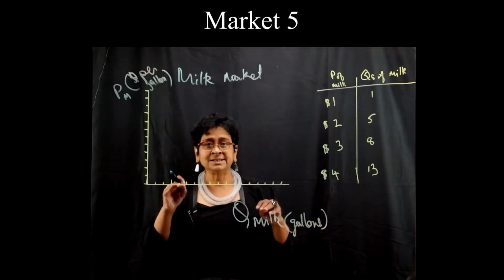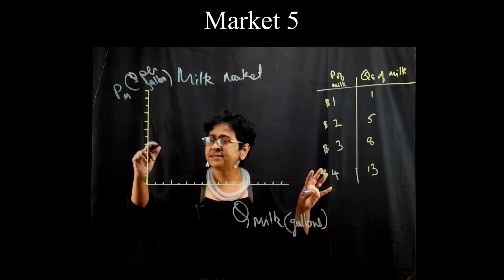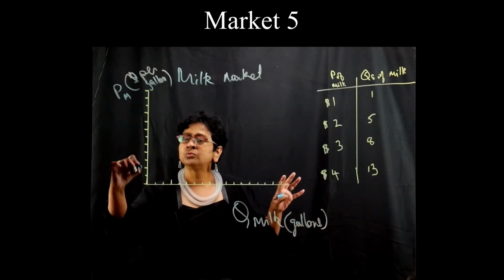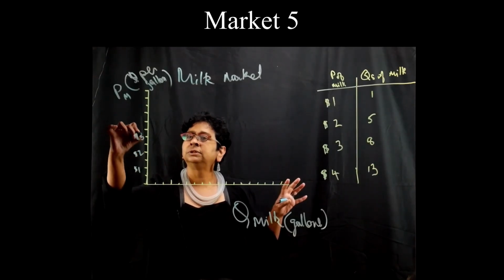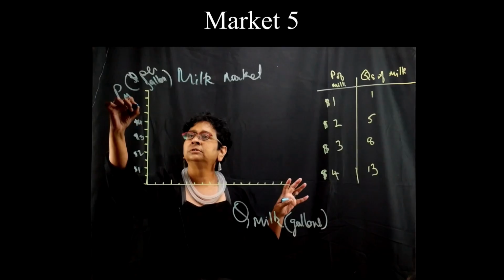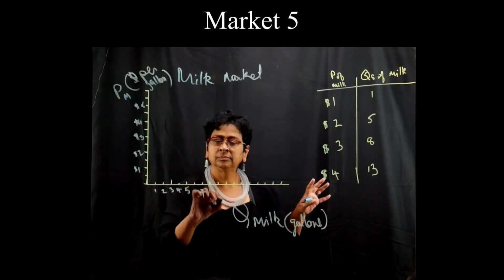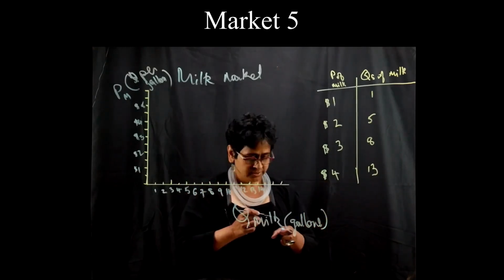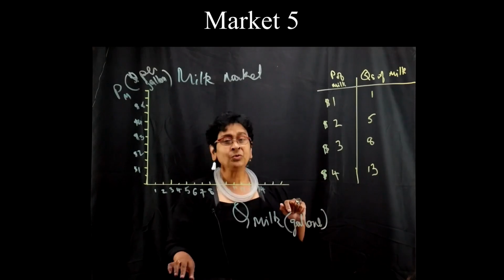So it's the same kind of graph I had before. This, let's say $1 per gallon, $2, $3, $4, $5. And that's the quantity. So what I do is I just graph these points.